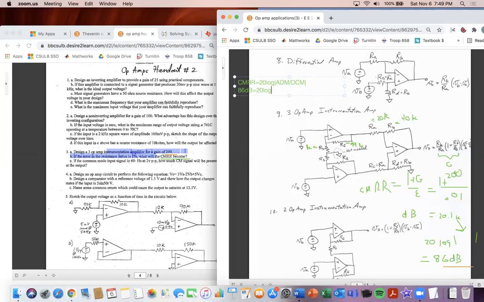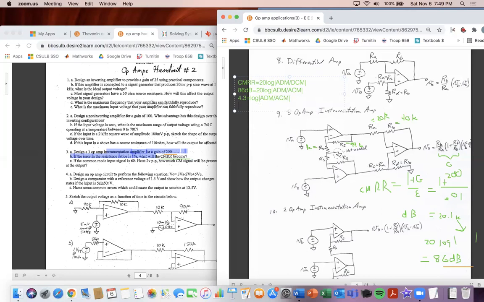20, and then the log of that still. Let's divide both sides by 20 just to make it easier. So when we do the change of base, that doesn't affect it. So 86 divided by 20, I got 4.3. So 4.3 is equal to log of ADM divided by ACM, the common mode amplification.